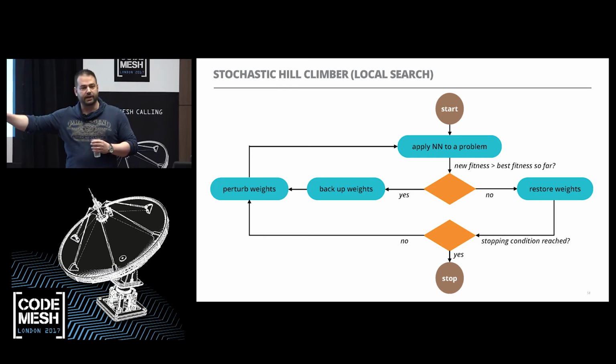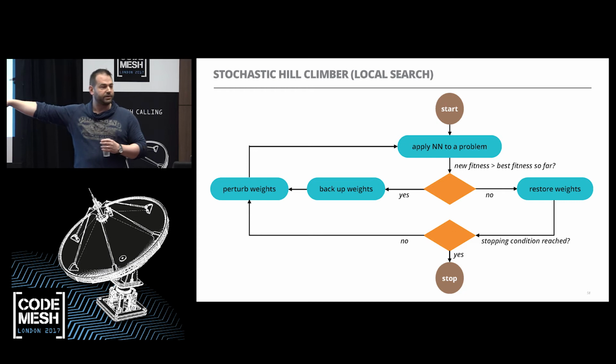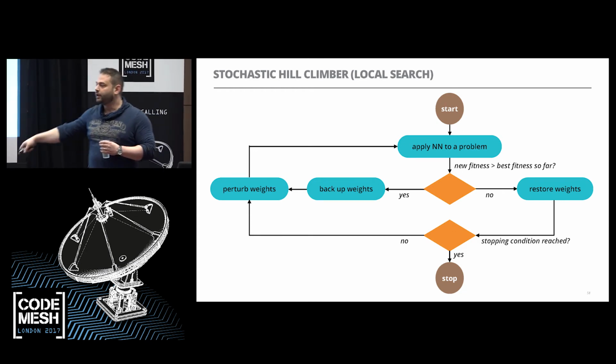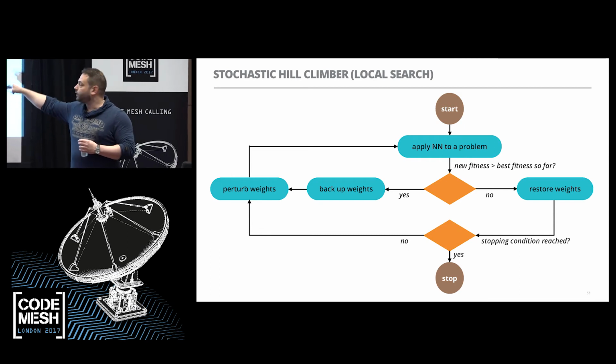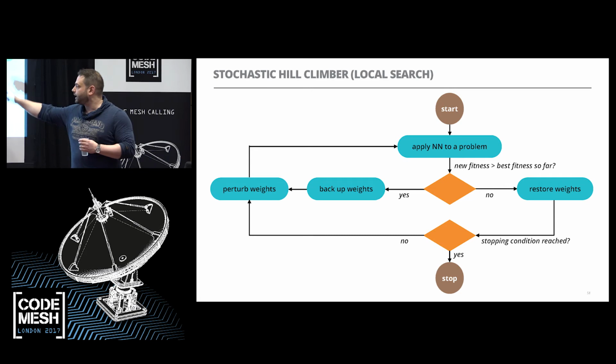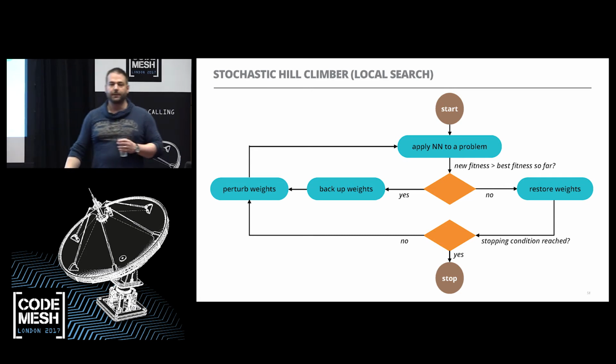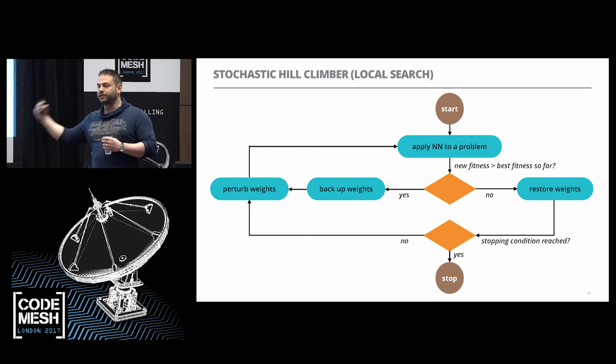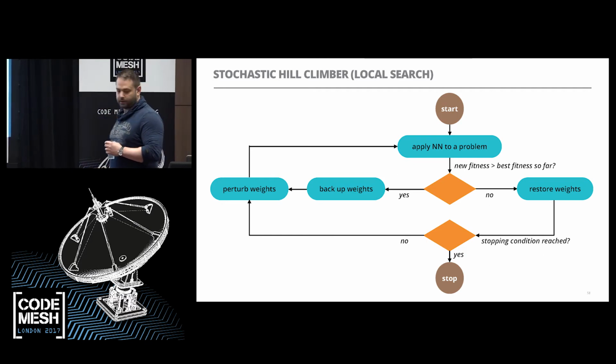We change the weights again, this is also random intensity mutation now for the weights, and we try that again. If it's not better, then we go back to our previously best weights, and we keep on doing that until some stopping condition is reached. The stopping condition is if we didn't improve, say, 50 iterations in a row, then we just stop and report the best fitness so far.